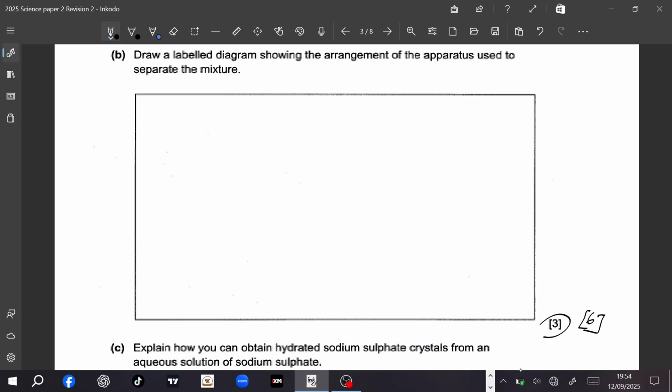So this one requires you to have just a fractionating column like that. Then you can even have a round bottomed flask or flat bottomed flask like that.